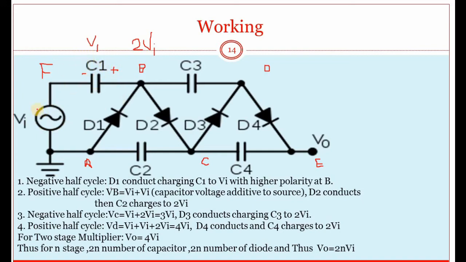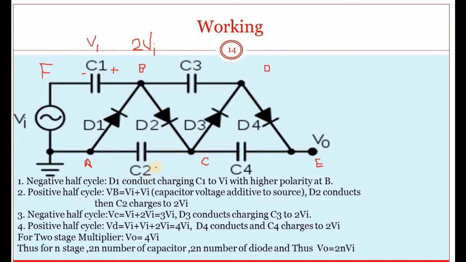Hence, these two voltages are additive, in series, so the voltage across B will be 2Vi. Now at this instant D2 conducts, thus C2 is charged with a voltage of 2Vi, and this D2 will conduct and charge C2 with voltage 2Vi.